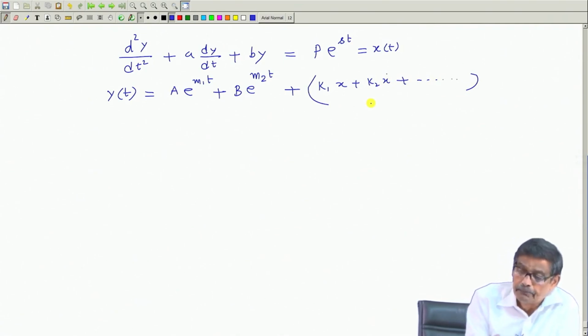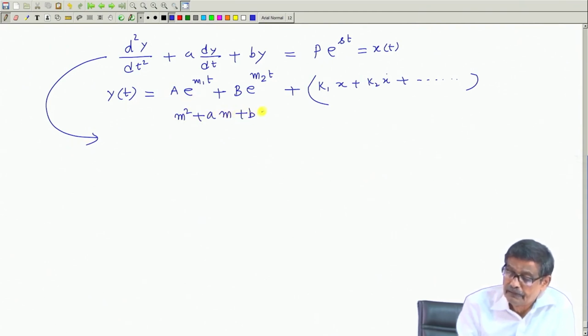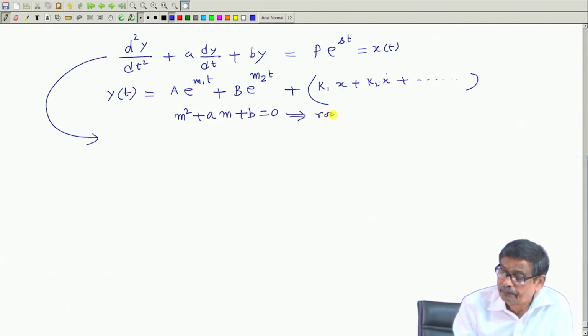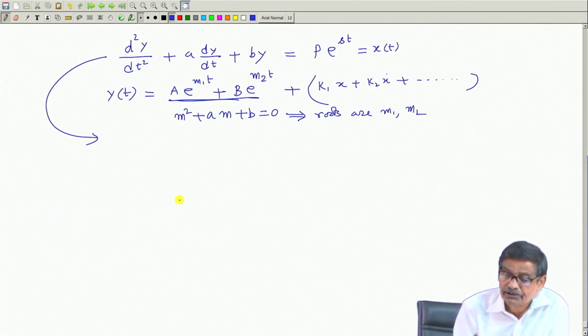We found out from the last slide what m 1 and m 2 are: they are the roots of the characteristic equation m square plus a m plus b equal to 0. So, this natural response will be there, and now we also get a way to calculate the solution due to the forcing function.